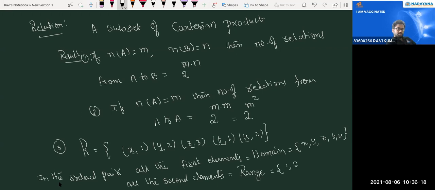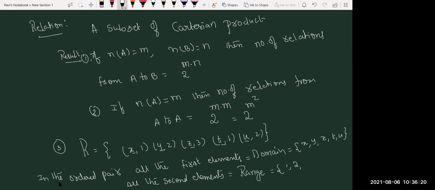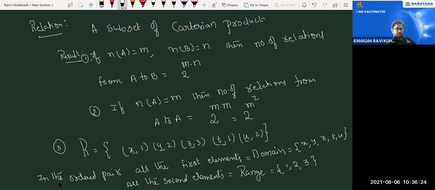Tell me all the second numbers: 1, 2, and 3. Don't write the repeated numbers. Just write 1, 2, 3 only. If 1, 2 is repeated, don't write 1, 2 again. Even in the domain also, suppose for the last one instead of U, if they give X again, don't write X again. Understand? You will write only one time.